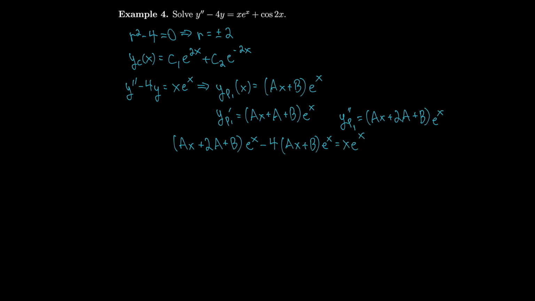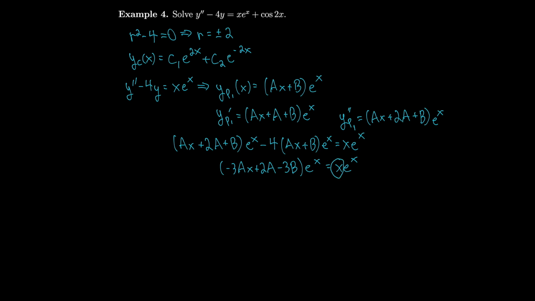So how about we group together all e to the x terms on the left, and we get (-3ax + 2a - 3b) e to the x equal to x e to the x. Notice we have e to the x on both sides.